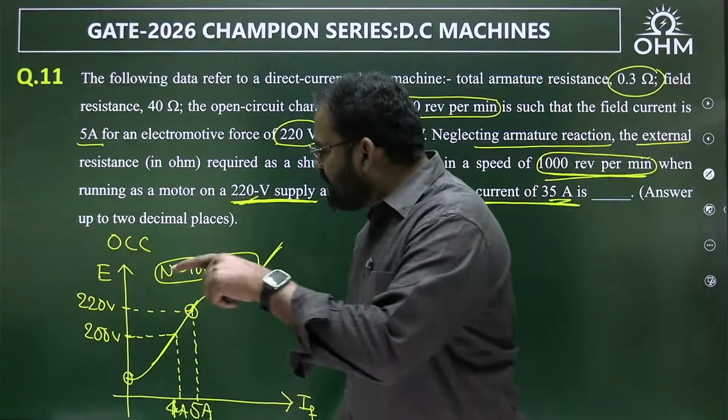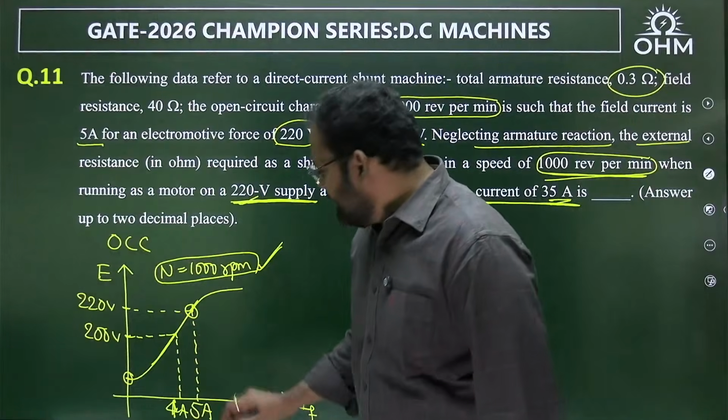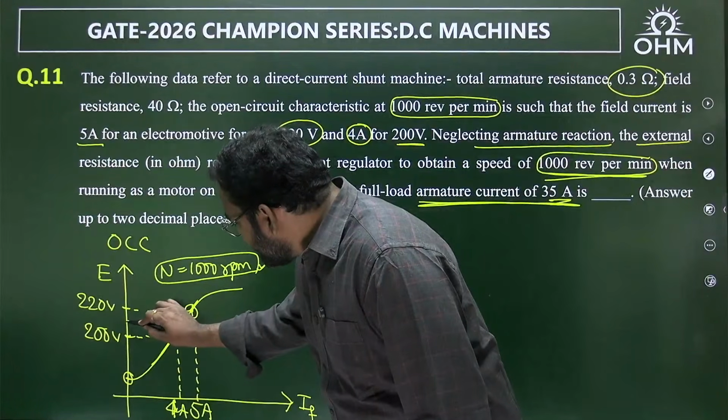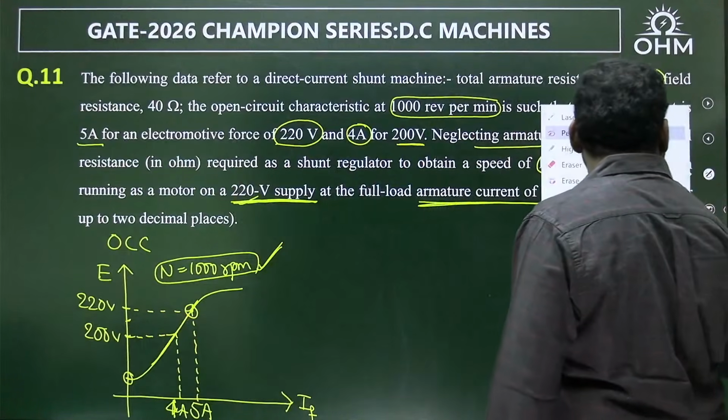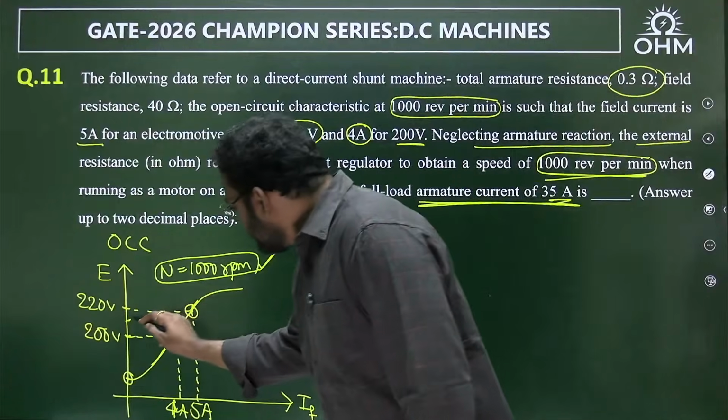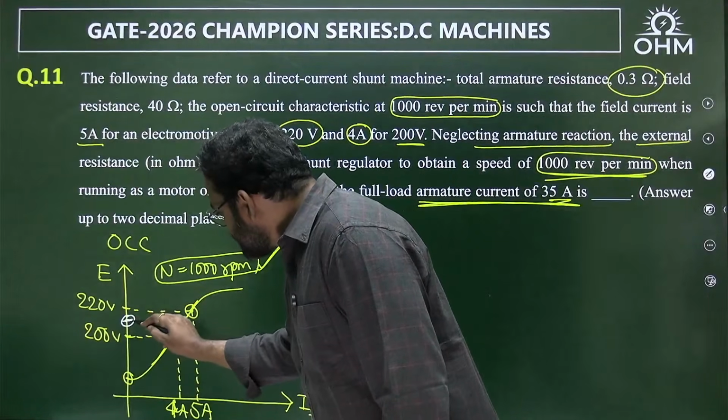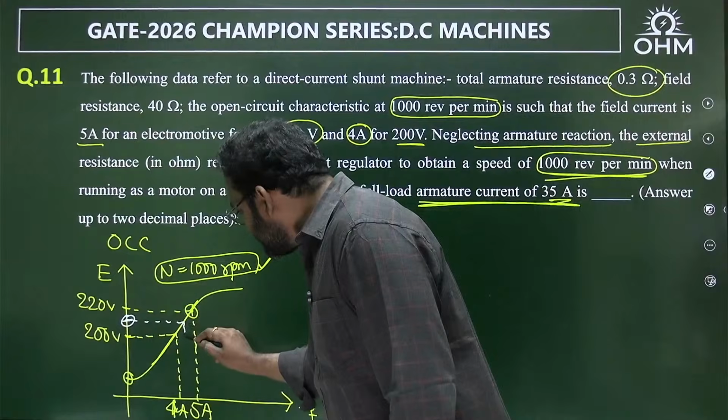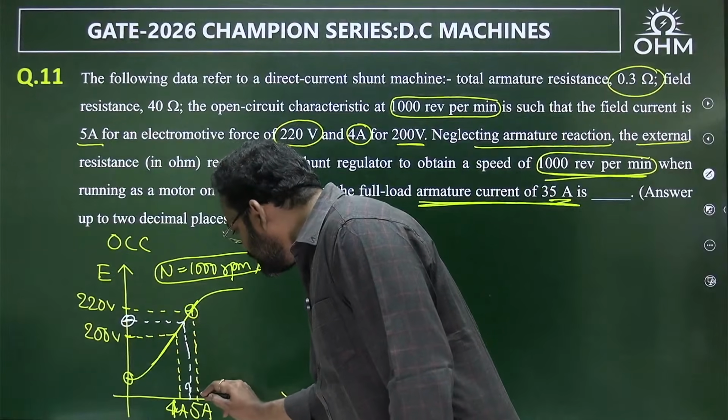Then 209.5, almost 210, will be in between these two. Yes or not? So at what field current will I get that 209.5?